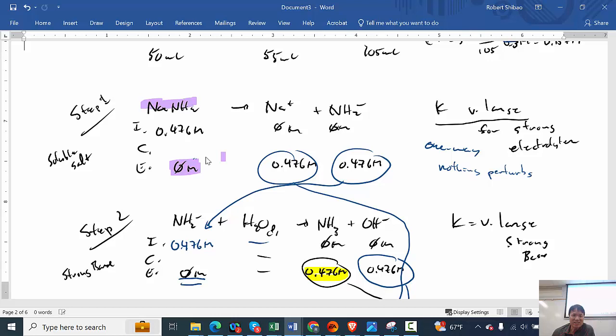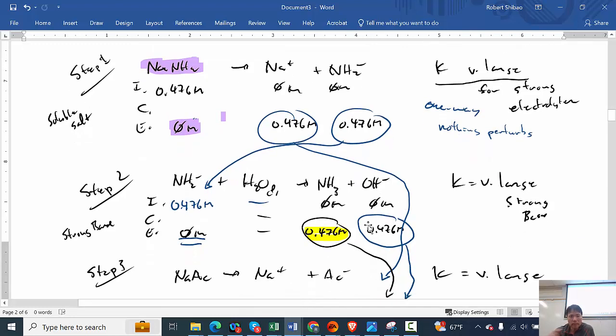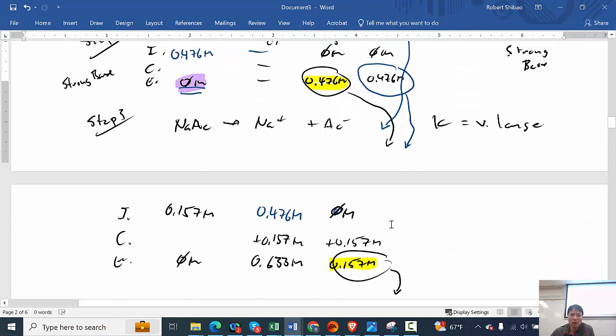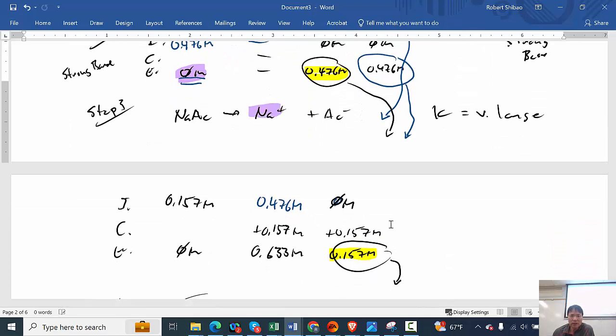So amide ends up at 0 molar. Sodium amide, that is. And then our amide gets carried down here, and our amide ends up at 0 molar. Our sodium gets carried down here, and so our sodium ion ends up at 0.633 molar.